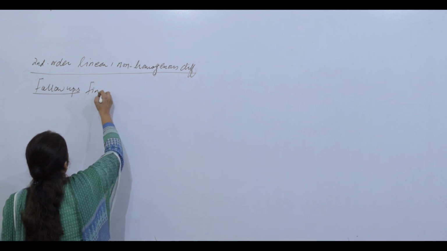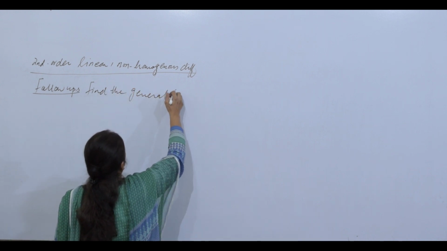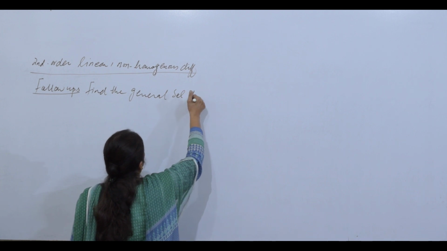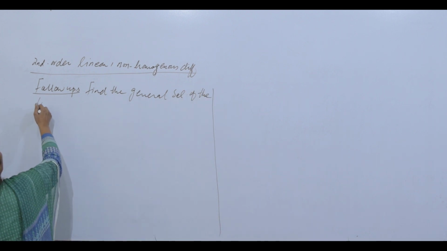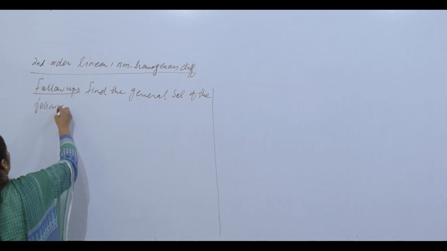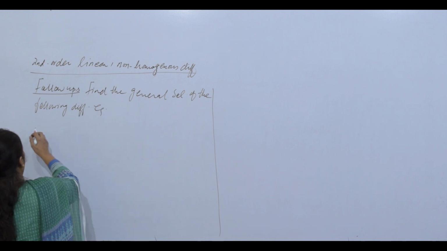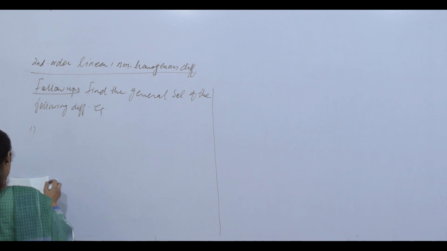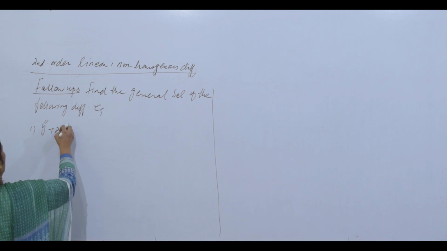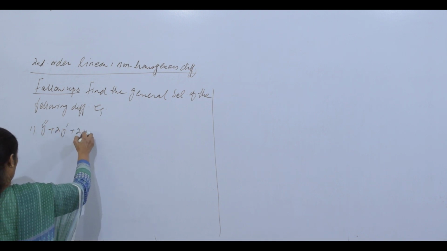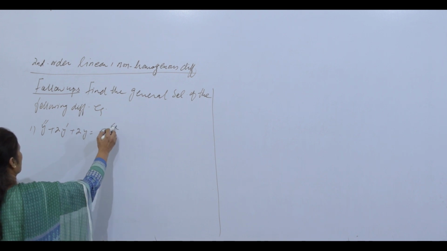Find the general solution of the following differential equations. Number 1: y double dash plus 2y dash plus 2y is equal to 5e^6x.